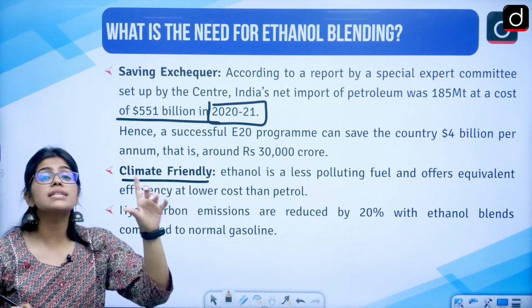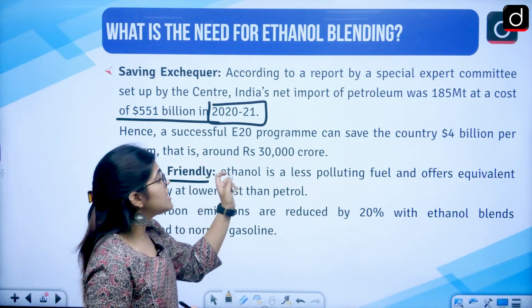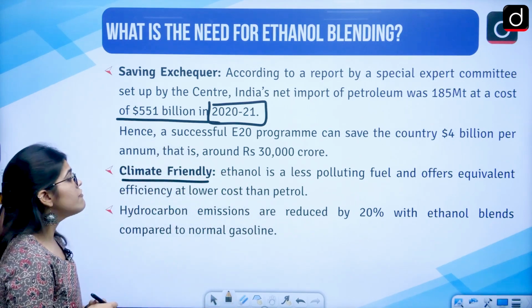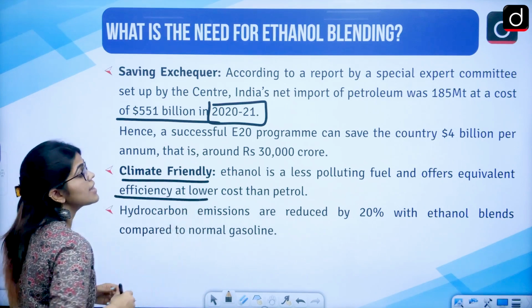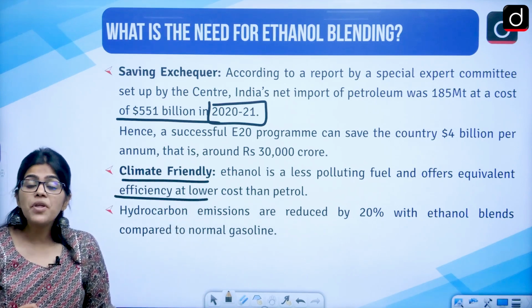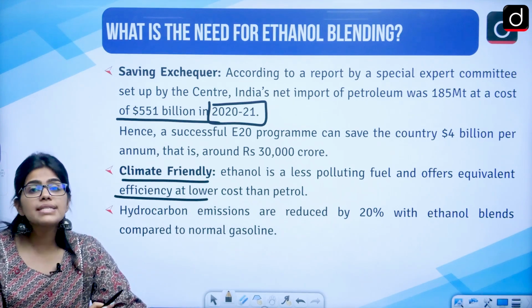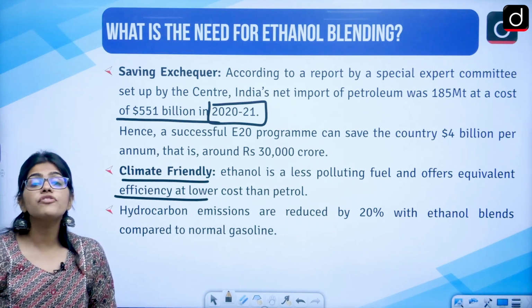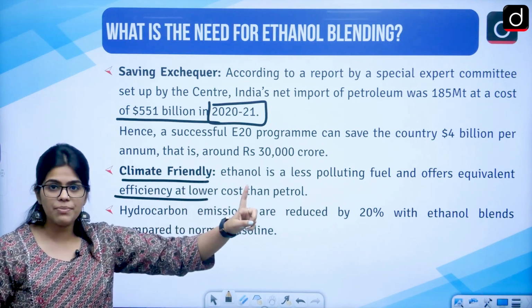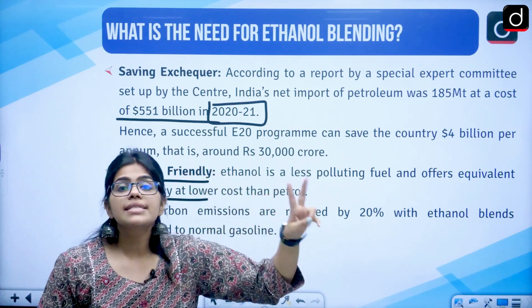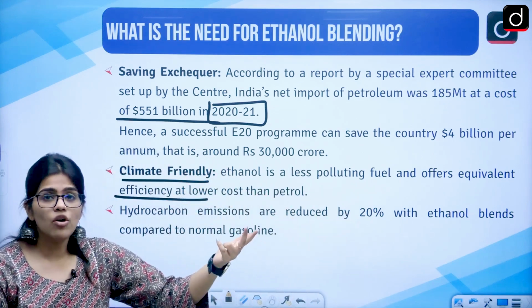Then we have ethanol being used. Why? Because it is climate friendly. Ethanol is a less polluting fuel and offers equivalent efficiency at a lower cost than petroleum. Hence, we should move towards ethanol blending as it is a renewable resource. Secondly, it is economically useful.